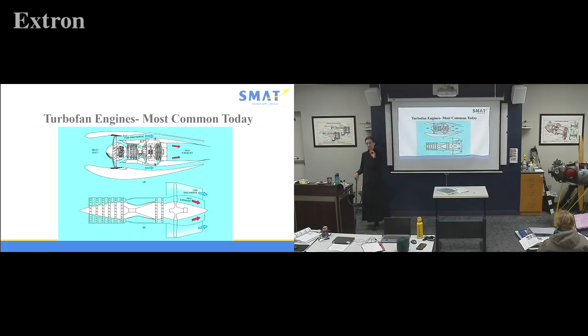We kind of mentioned it, but we did not talk in detail about it. Yes, fuel consumption. It's a little bit like a turboprop. Exactly, like a turboprop, but it's shrouded. Noise suppression.